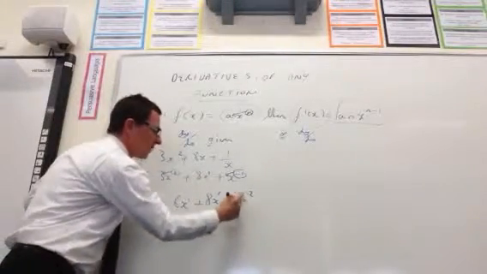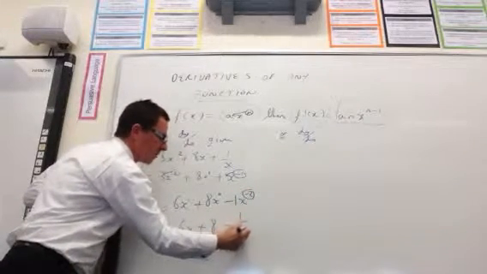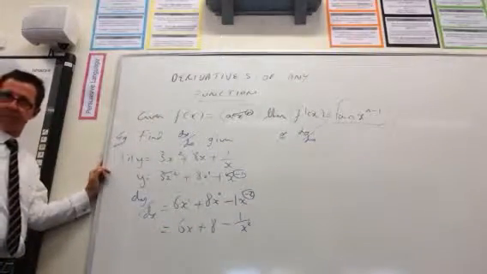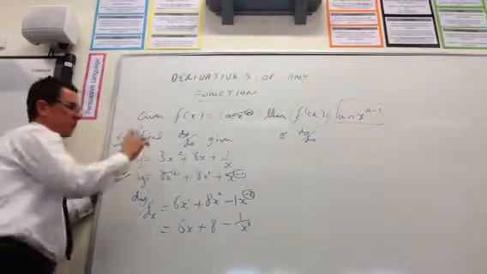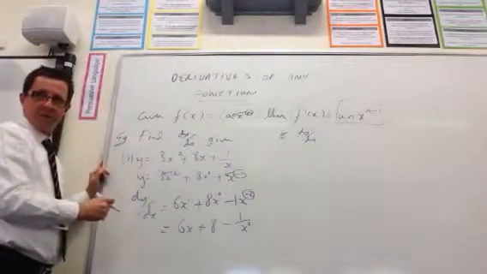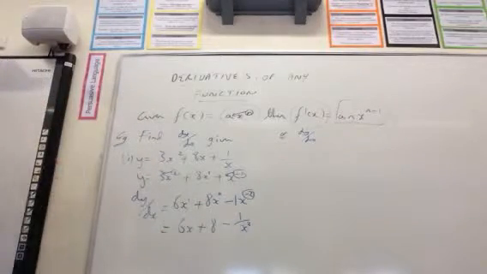And then you've got negative 1 x to the negative 2. This has got a negative power. I now put it back on the bottom line and express it with a positive power. So, line them up, bring your numbers to the front, take 1 away, line it back up again.